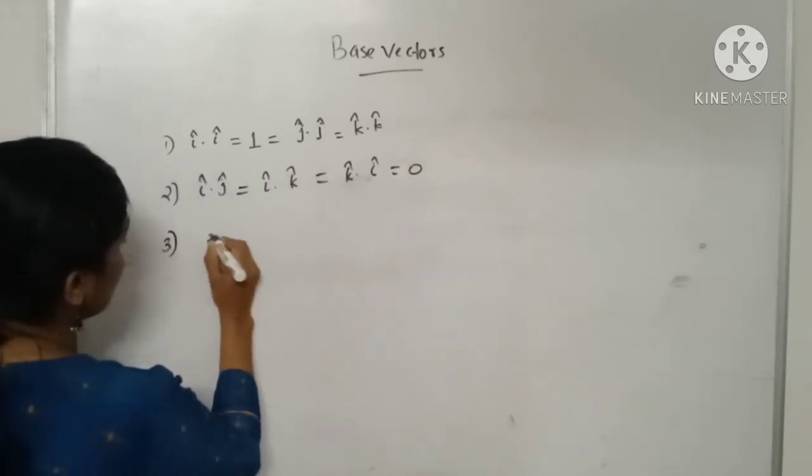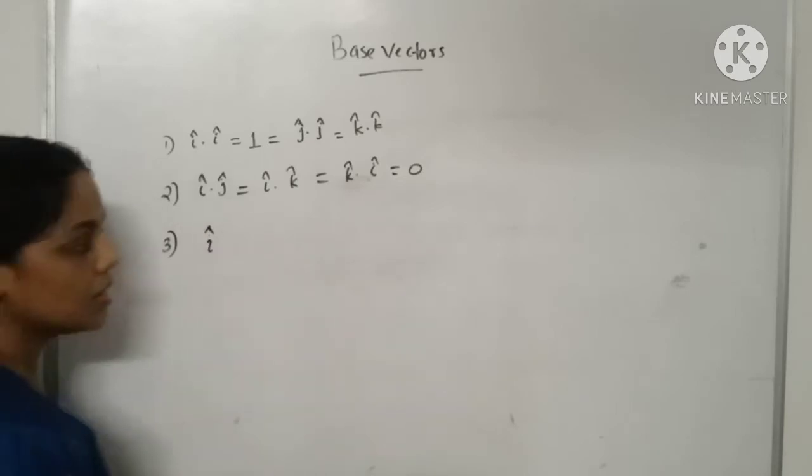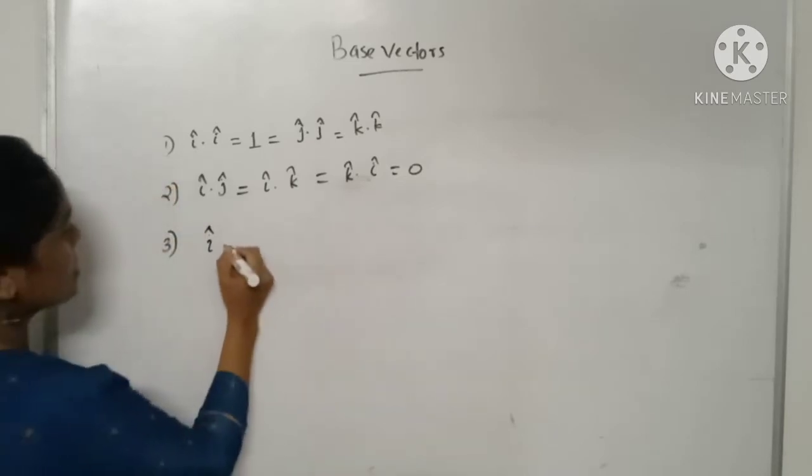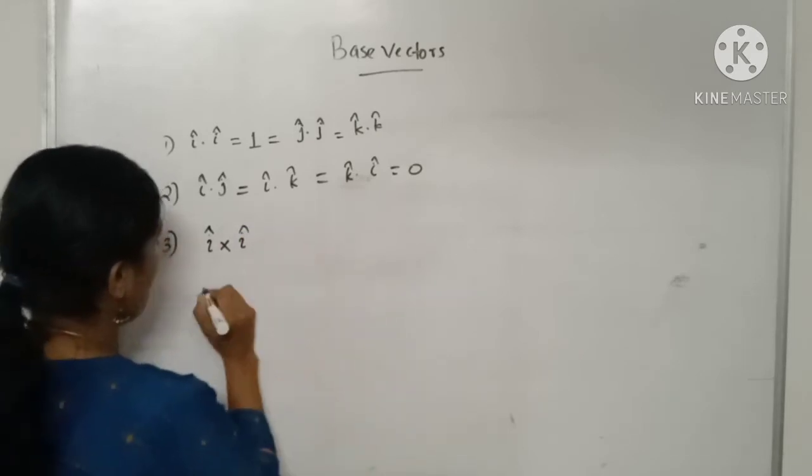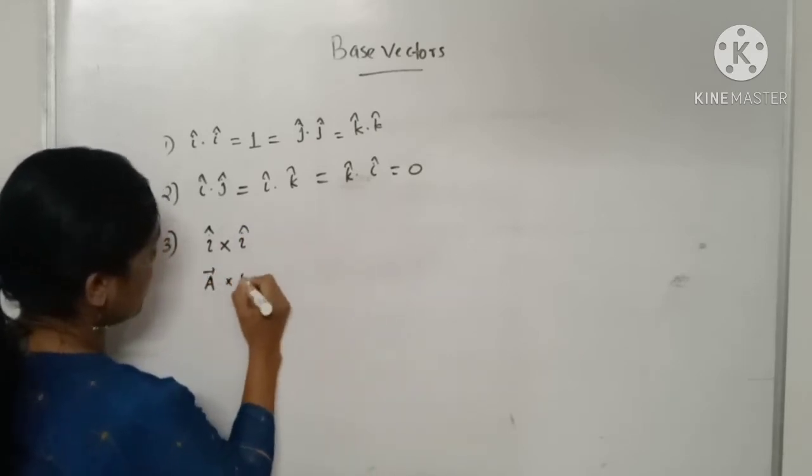And let us check the cross product between orthogonal vectors. Let us check i cross i. What is i cross i? What is A cross B?